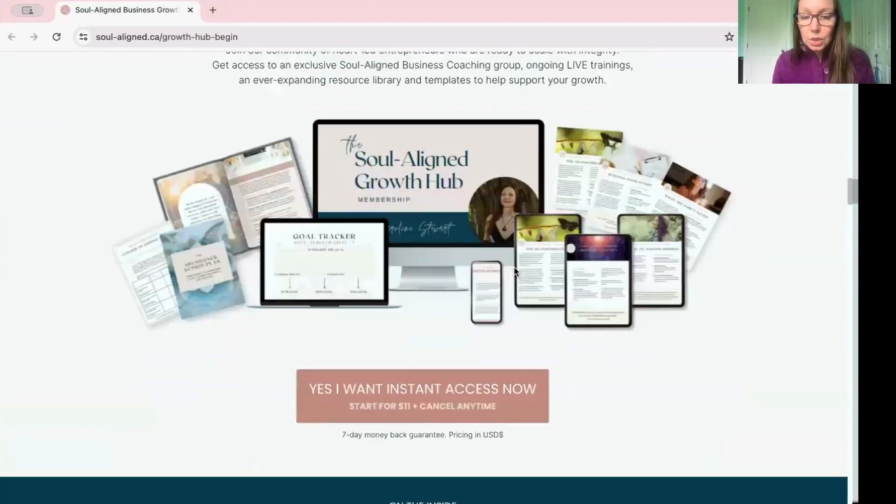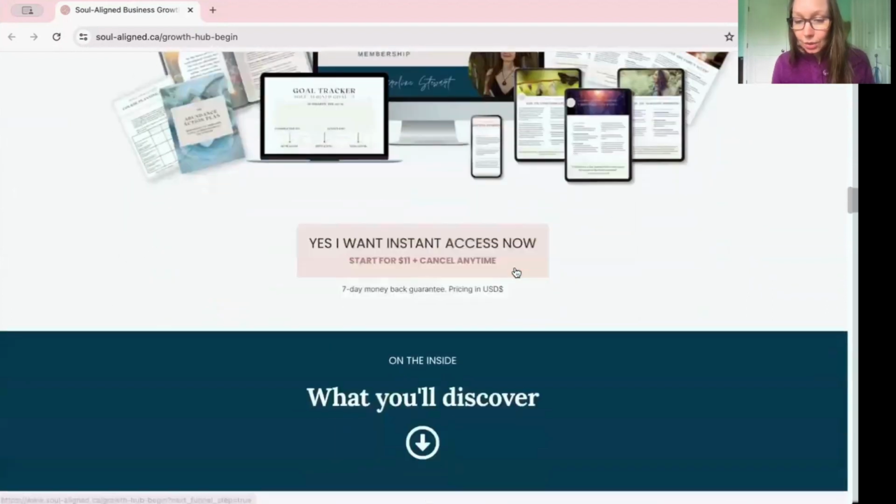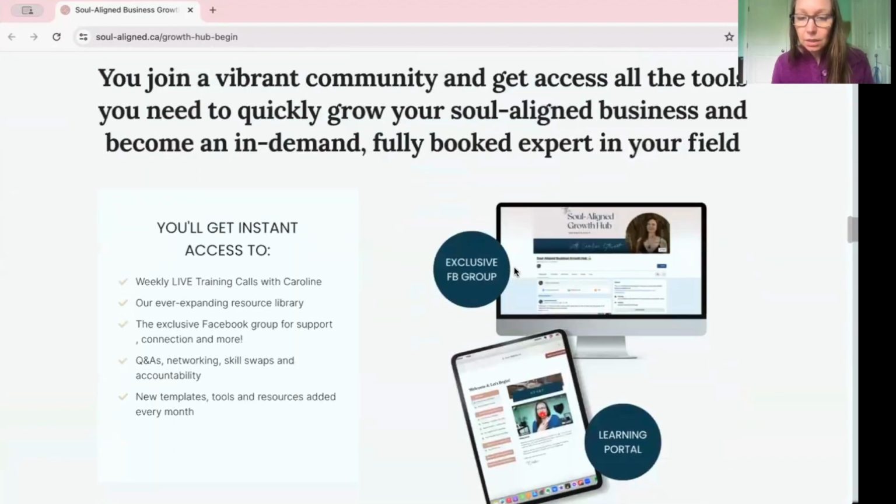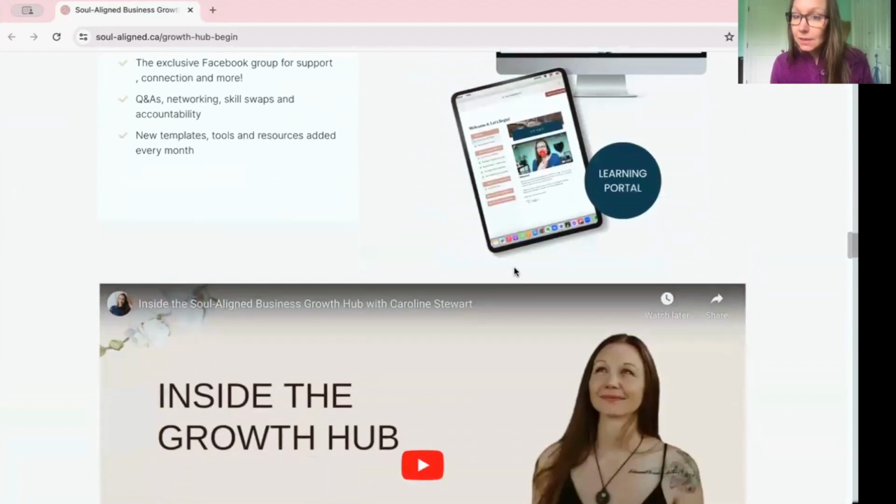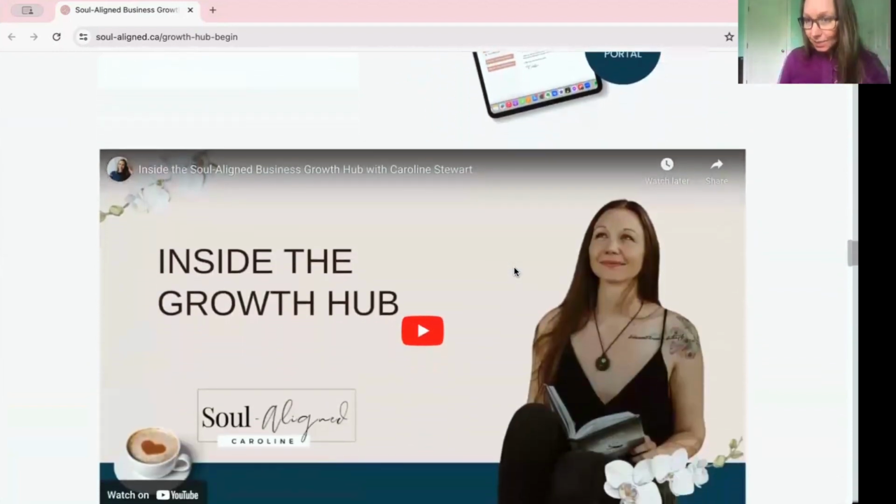And then we go into what's actually included in the Growth Hub. So you get to see that down here. So be really specific. And what I actually did that is really great, and I would highly recommend it, is I do a video walkthrough of the Growth Hub so you can actually see it. Because one of the challenges of having a sales page that actually converts and is compelling is that we need to shorten that distance in terms of the decision making.